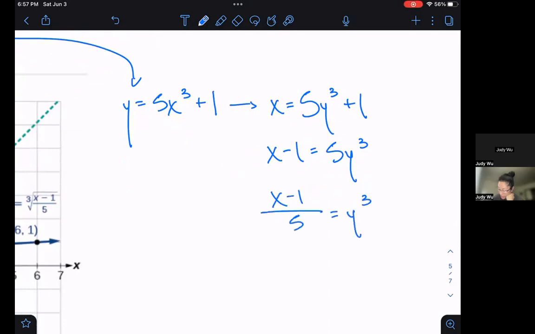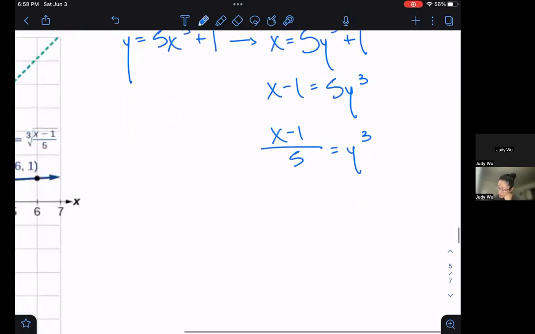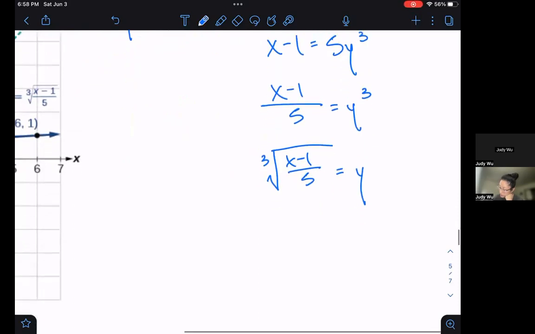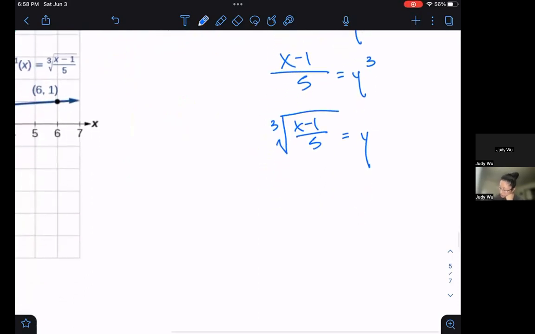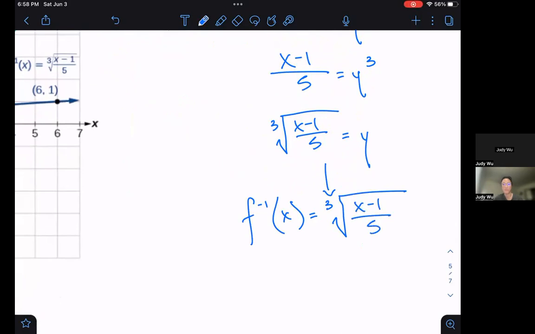Okay. And now I've got y cubed, but I just want y. So I'm going to go ahead and take the cube root of both sides. All right. This is my almost answer. I just need to go ahead and write it with the correct notation. So inverse function is equal to the cube root of x minus 1 over 5, okay?